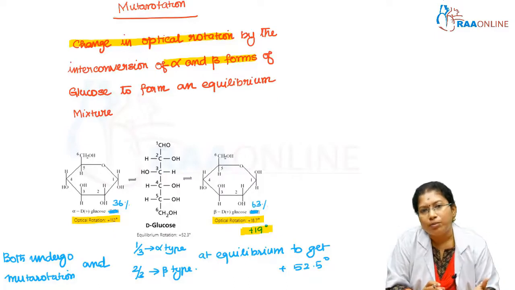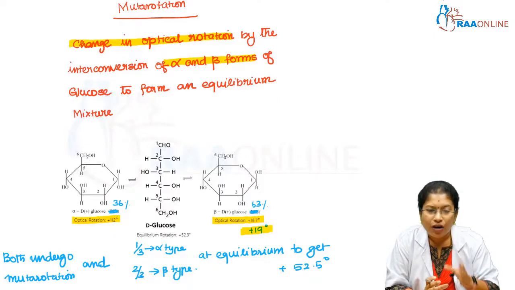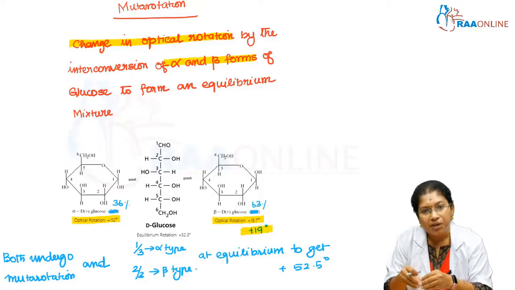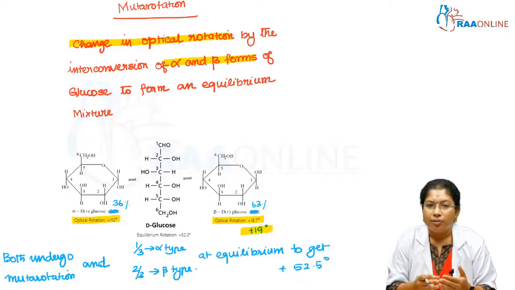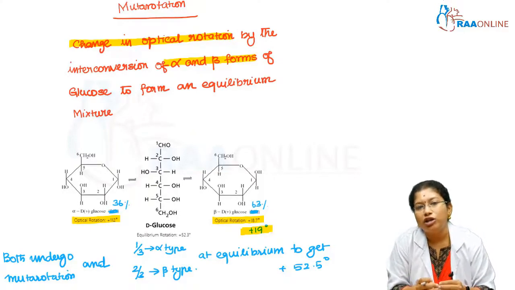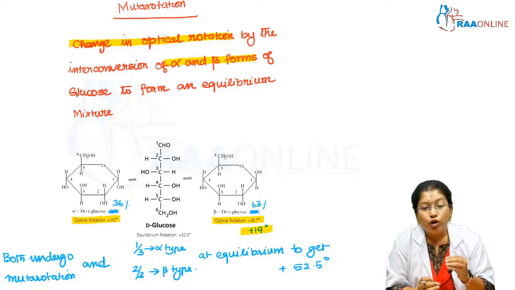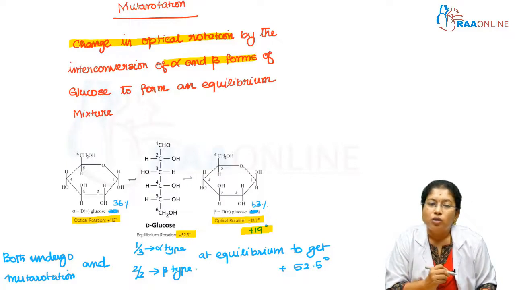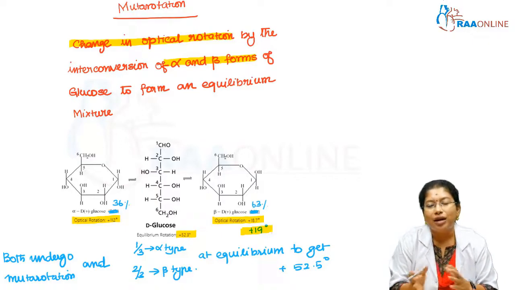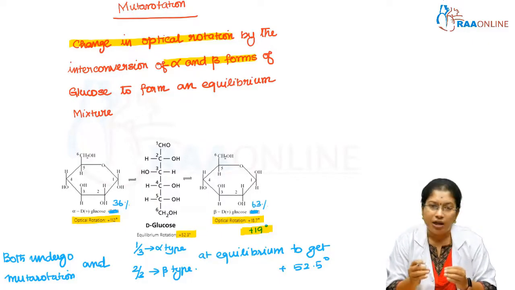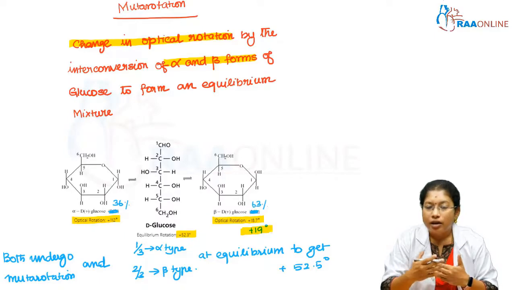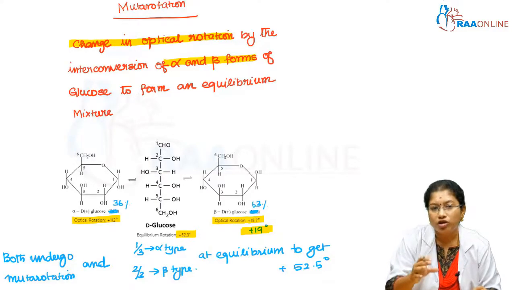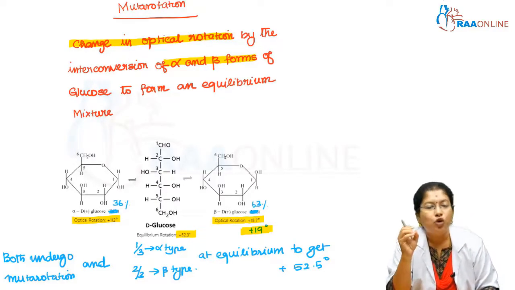So when it is freshly prepared, the alpha shows a rotation of plus 112 degrees and the beta shows plus 19 degrees. But after 24 hours, the solution produces a rotation of plus 52.5 degrees. This is because there is some interconversion between the alpha and beta forms. They interconvert and reach an equilibrium mixture, producing a rotation of plus 52.5 degrees.